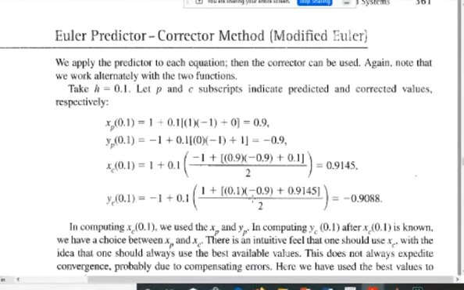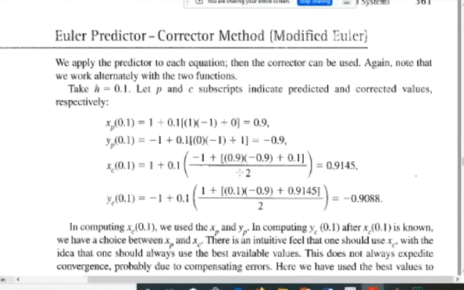We can apply the predictor to each equation, then the corrector can be used again. Note that we work alternately with two functions, yp and xp.